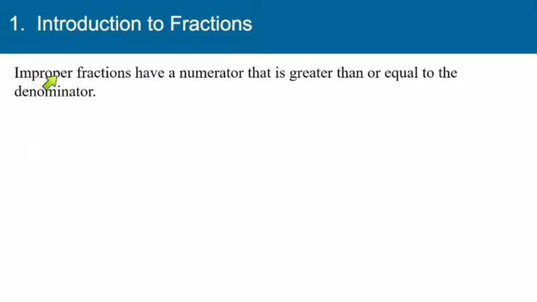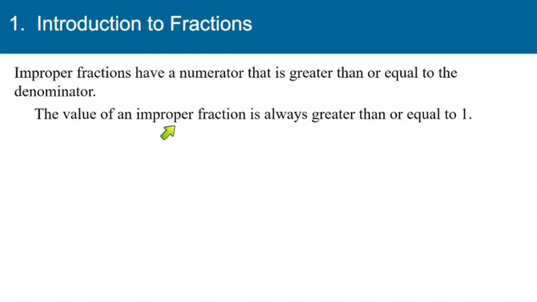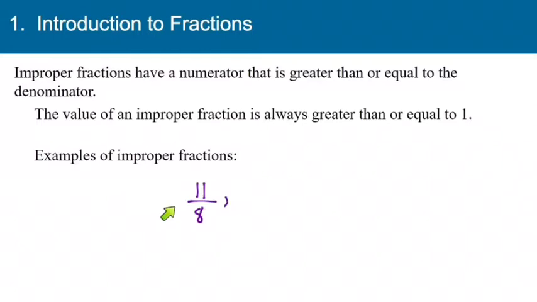On the other hand, an improper fraction will have a numerator that is greater than or equal to the denominator, and therefore the value of an improper fraction is always greater than or equal to 1. And here are some examples of improper fractions. 11/8.